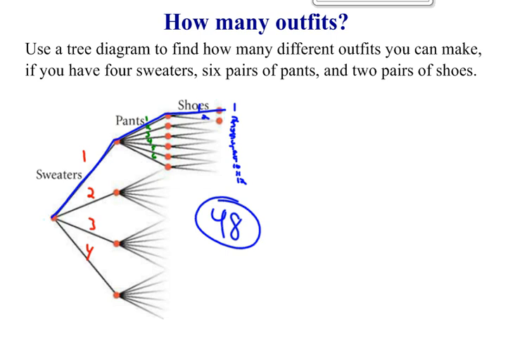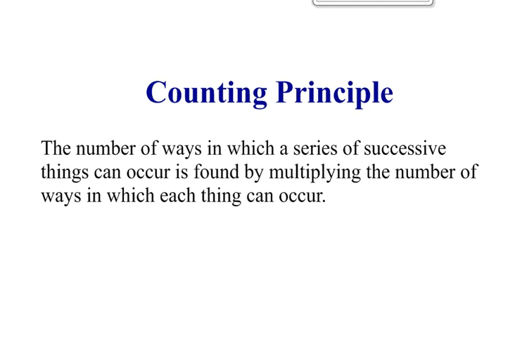Well, there's another way to come up with this number, an easier way, where you don't have to draw the tree diagram and have that visual of every possible outcome. We take the number of sweaters, 4, times the number of pairs of pants, 6, times the number of pairs of shoes, 2, and we multiply those together and we get 48 different possible outcomes. Now this has a name. We call it the counting principle. It says the number of ways in which a series of successive things can occur is found by multiplying the number of ways in which each thing can occur.